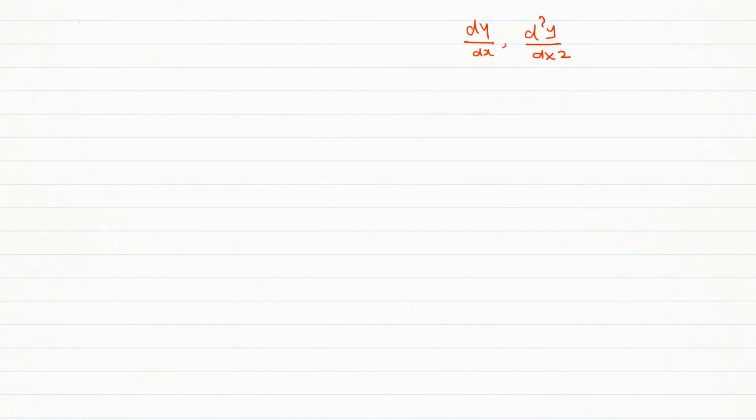So let's take a question which is y is equal to 3 times e raised to the power 2x plus 2 times e raised to the power 3x. This is the given function, and we are supposed to prove that d2y upon dx square minus 5 times dy by dx and then plus 6y is equal to 0.